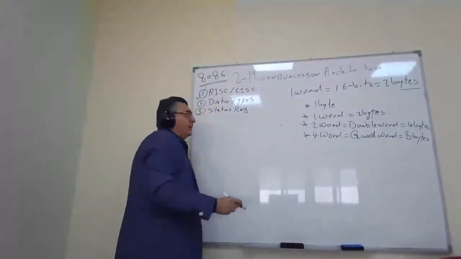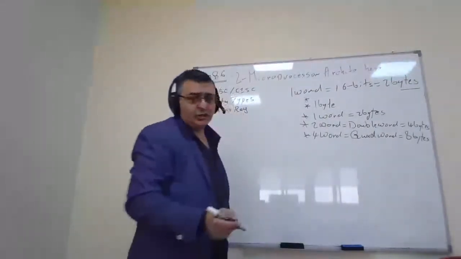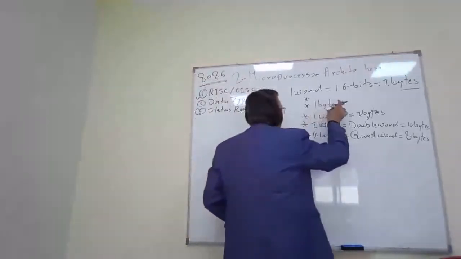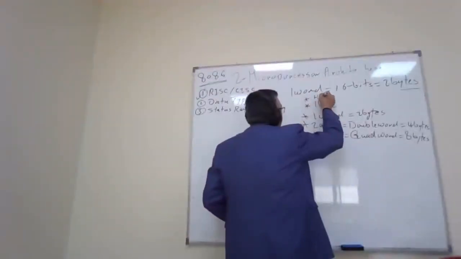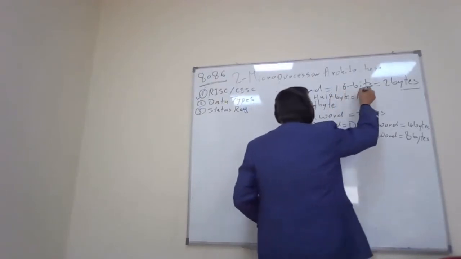Okay, these are the basic ones. There is also, in some instructions, they deal with something smaller than a byte, half of a byte, half byte. الهاف byte ده بيسموه nibble.